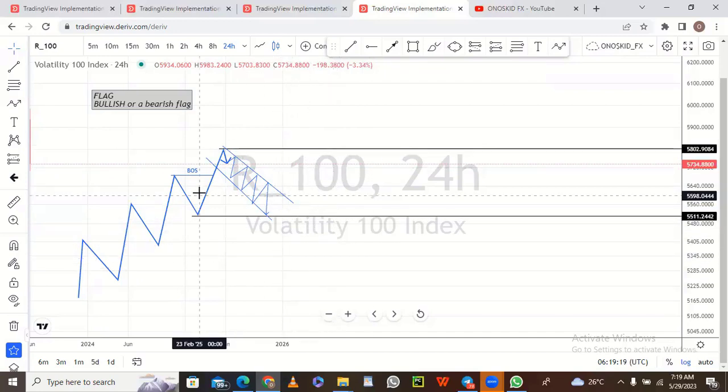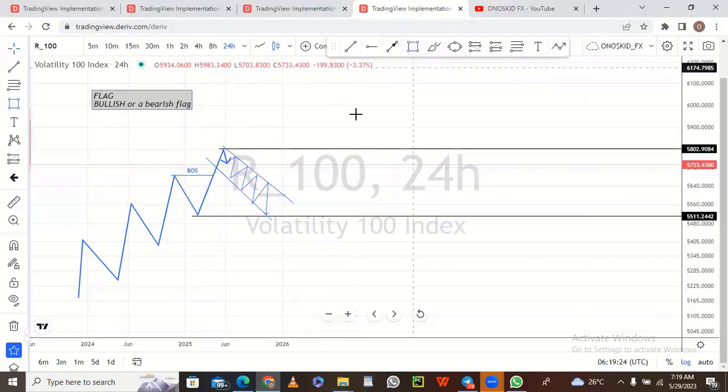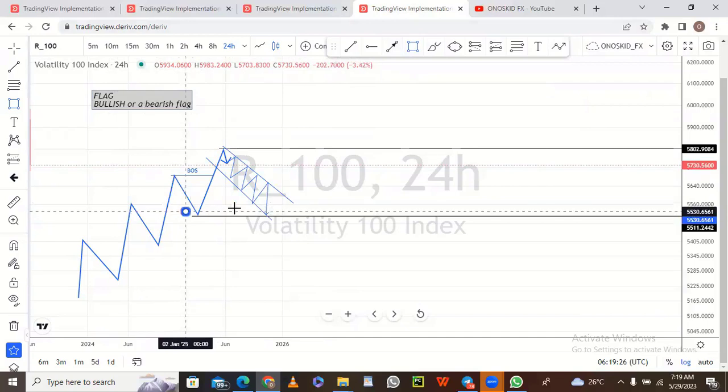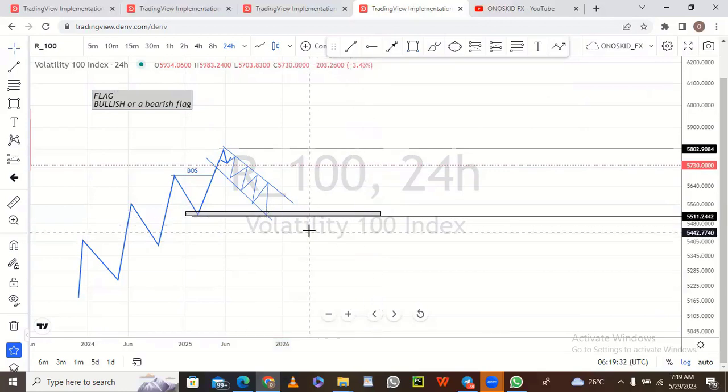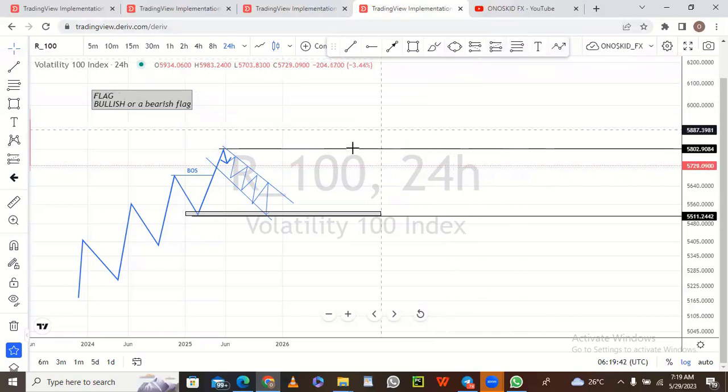Remember, what you want to do now is to spot your entry. Now, when you look at this particular zone, there is something like a resistance around this region. So what you do is, I will now look out for my rejection candles. I'll look out for my candlestick confirmation, and then I'll make my entry from this particular angle.